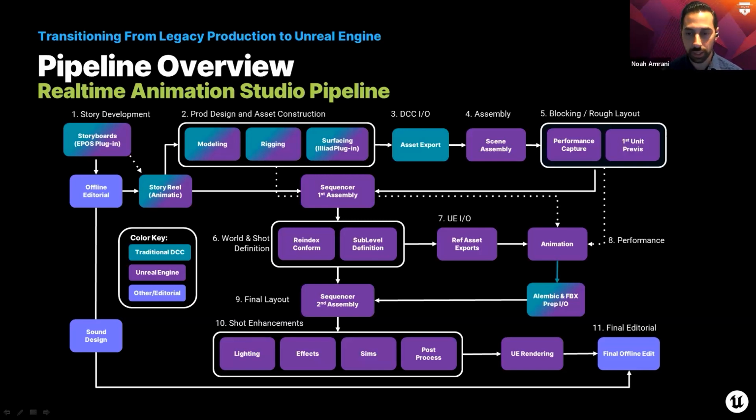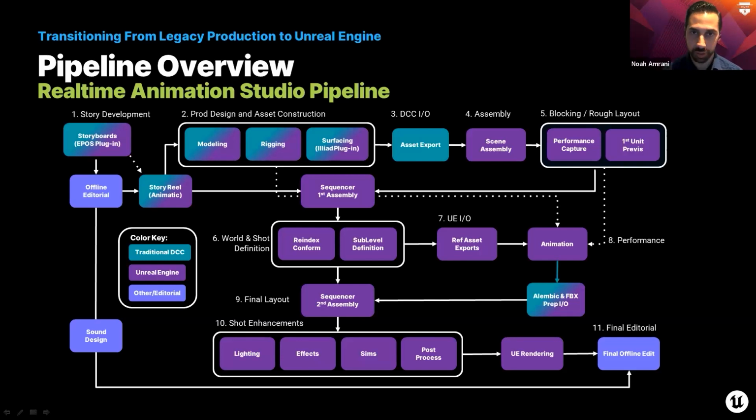And then you can go back and export different assets or reference different assets within the engine and get into animating. And then from there, you have the option to bring in or export different assets or animations using FBX or Alembic and continue to build out your assembly into a second sequence for final layout. You then get into shot enhancements.